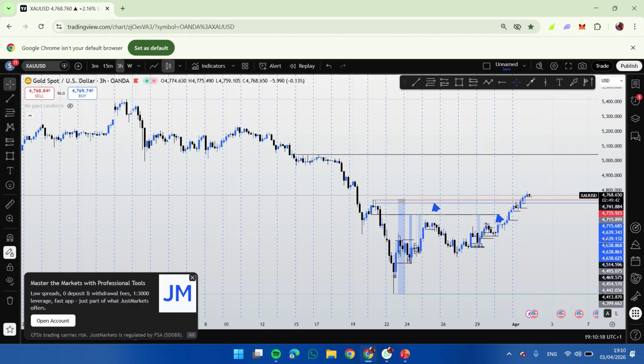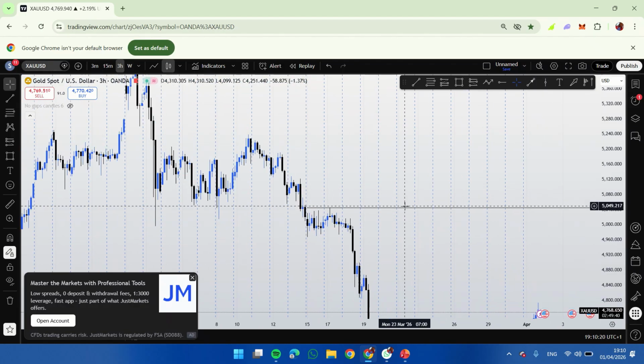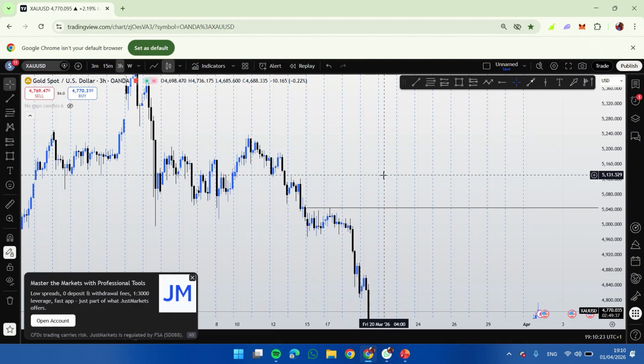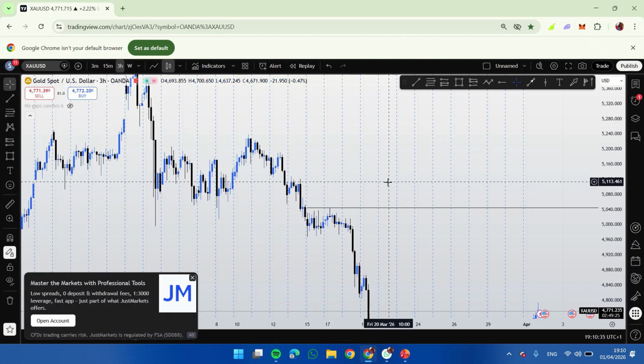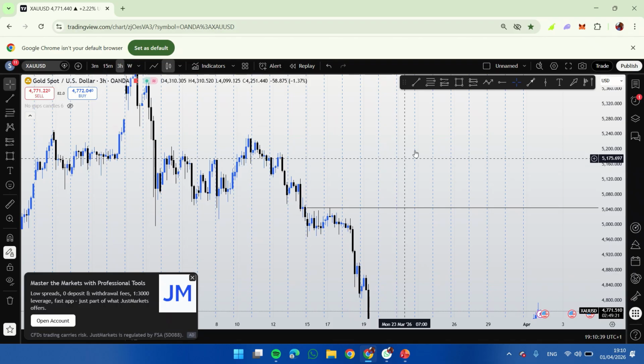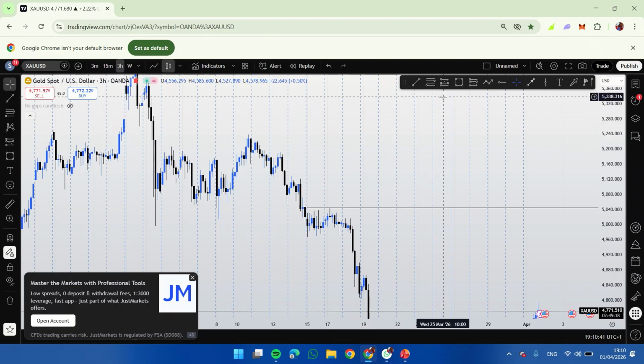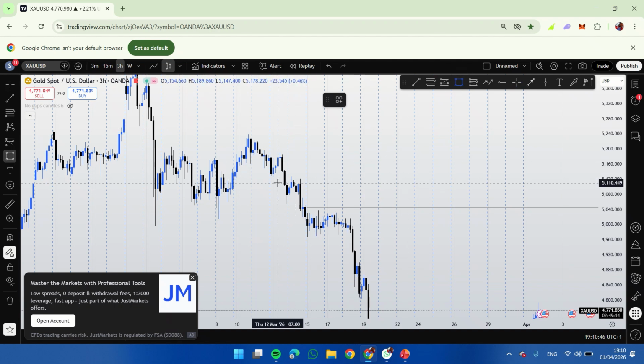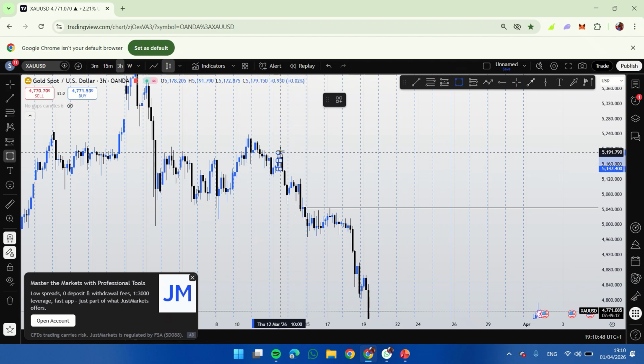So above this point, we are going to try and find an entry point. 3 hours first. So this has been mitigated. I think we are going to utilize this supply.